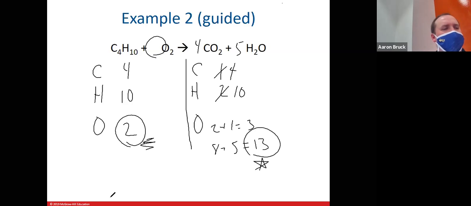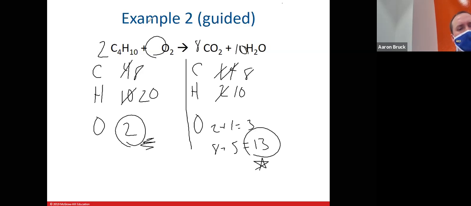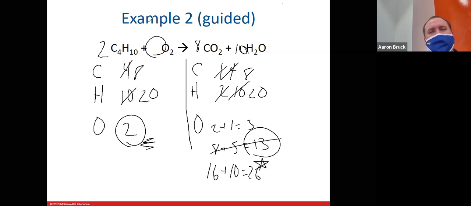So if I double everything, this turns into a 2. This becomes an 8. This becomes a 10. And I recalculate. Now I've got 2 even numbers to balance. That's where the 13 can come in.